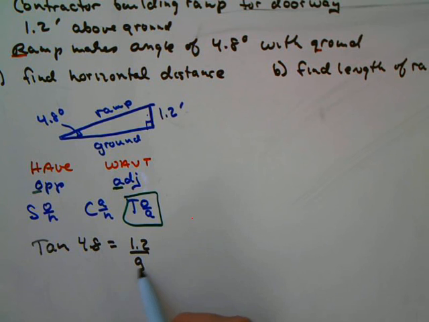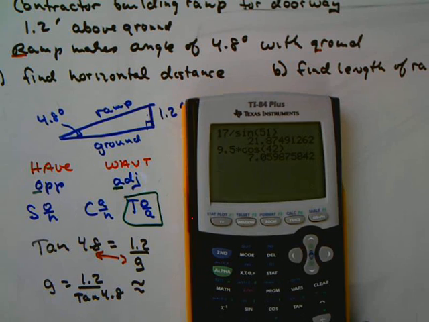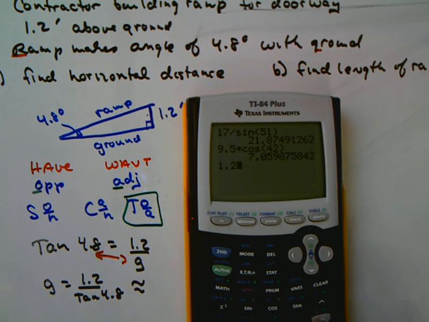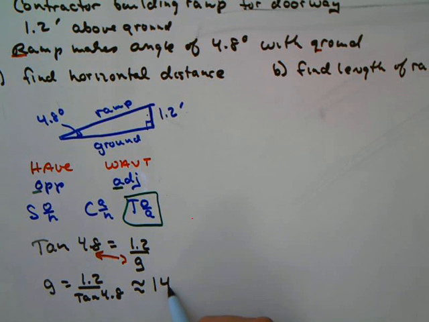Now remember from our last video, if you've got the variable in the denominator, these two are just going to change places. So I've got my ground equal to 1.2 divided by the tangent of 4.8. I can just plug that into the calculator, 1.2 divided by the tangent of 4.8 degrees in degree mode, and I'll get 4.29 feet. That's feet because it was feet up here.